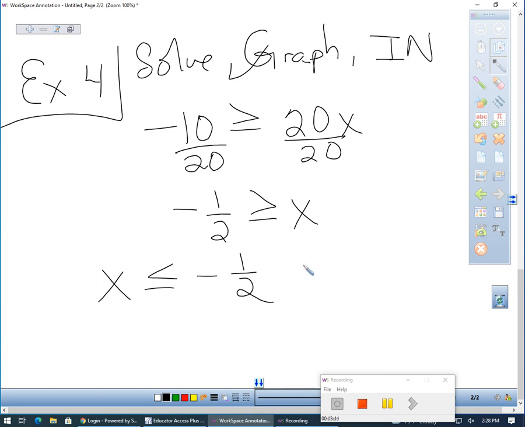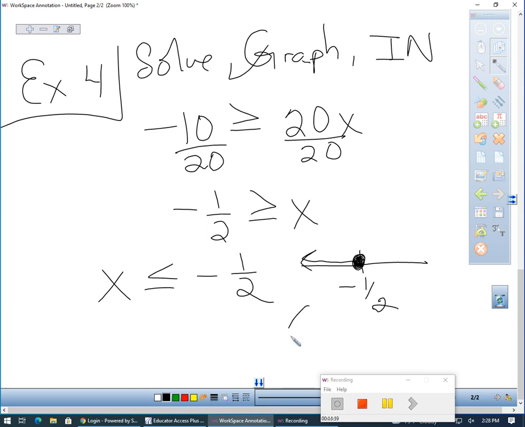So then if I go ahead and graph this, at negative 1/2, do I have an open or closed dot, Gabe? Closed. Inequality. Thank you. And which way does this go? To the left. So everything to the left are all answers.